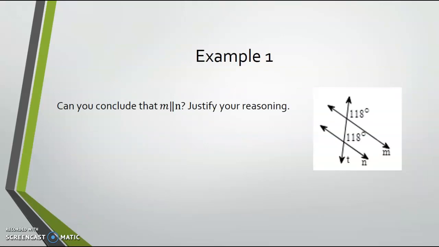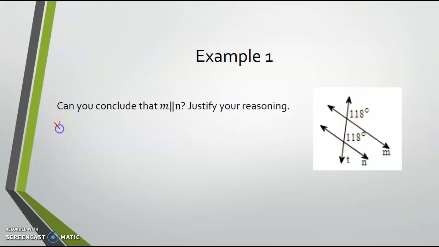So, can we conclude that line M is parallel to line N and justify our reasoning? When I look at this, here's my transversal. 118 is on the same side of the transversal and in a corresponding position.